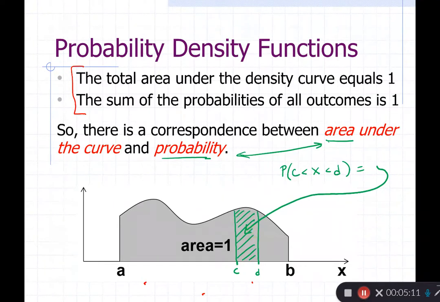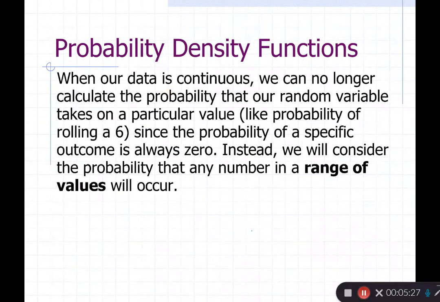To calculate probabilities, we're going to have to calculate areas. Now this is not a basic geometric shape. It's got a curve on the top, so we can't use any basic geometric formula. So we'll talk about using Excel to find those areas.